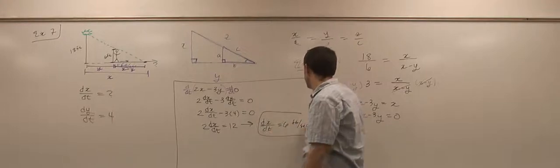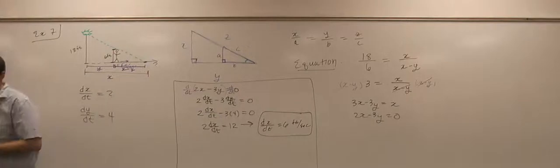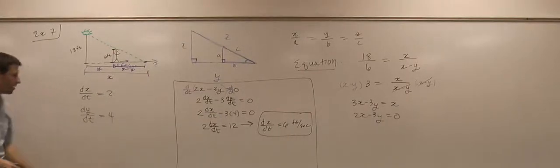So the tip of your shadow is moving at 6 feet per second, and you walk at 4 feet per second.